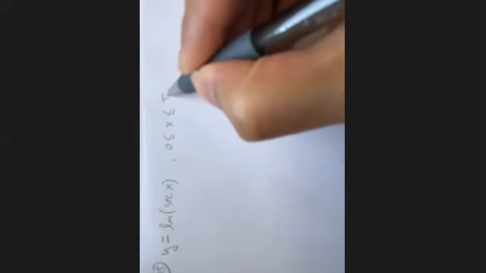So this is number 15. The question is the same, find the exact length of the curve. The curve given to us is y equals ln of secant x, and x goes from 0 to pi over 4.